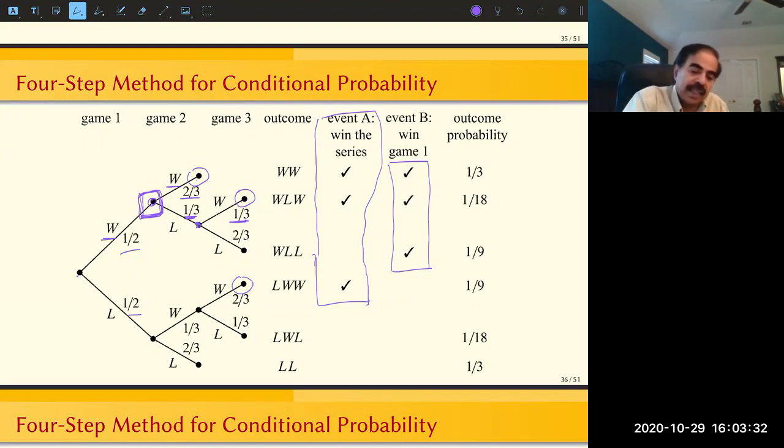Which basically says first take the intersection of A with B, which means those two. So this is no longer in the intersection.